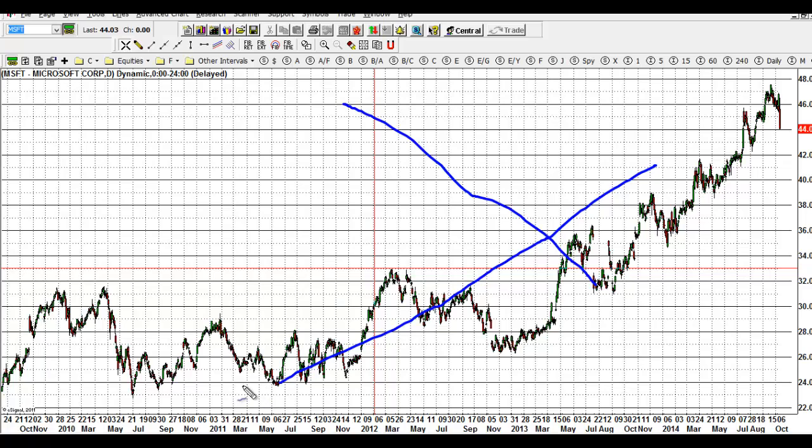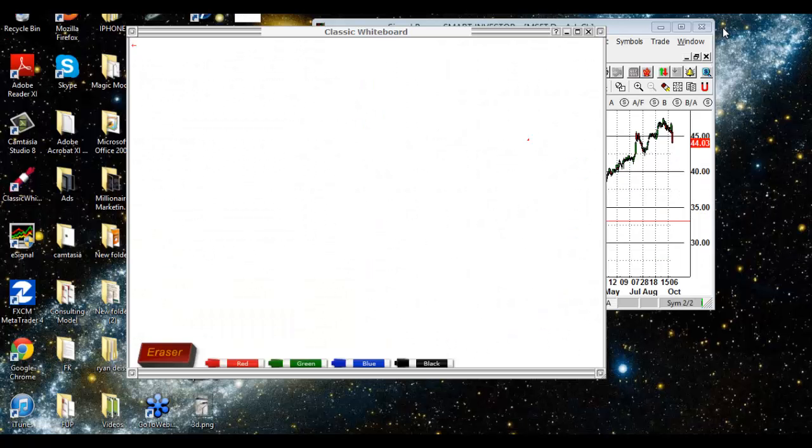As you can see, between 2011 and October 2013, this market has been in an uptrend because the market has been higher than this point in 2013. Now, how can we examine whether an asset is in an uptrend or a downtrend? Let me introduce you to the whiteboard.